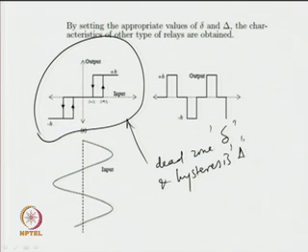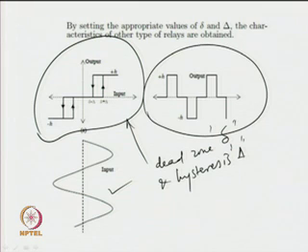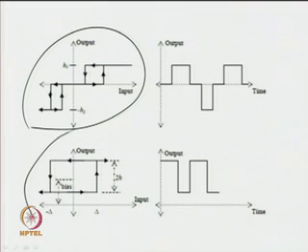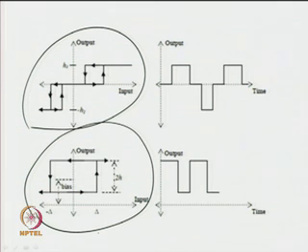When the input to the relay is like this, the output will be of this form, when both dead zone and hysteresis in the relay are present. Now, one can have asymmetric relay of this form also. So, these are the input output characteristics of asymmetric relays, and now we have the outputs of asymmetric relays as shown over here.